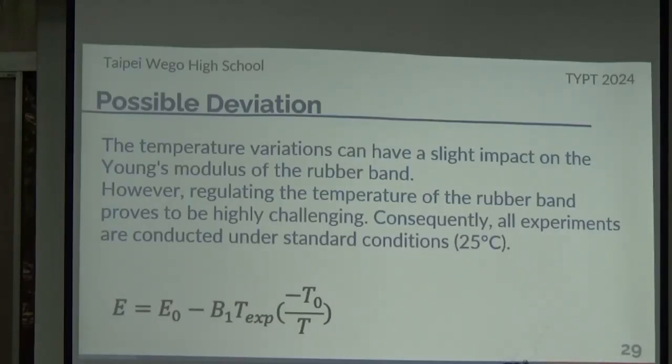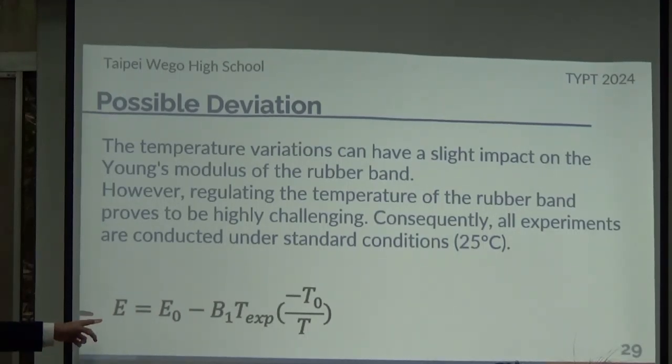And here's a possible deviation. We think that the temperature might affect the maximum distance of the orbit, but here's the challenging part of the experimenting, so we use the modified value of the Young constant as below.